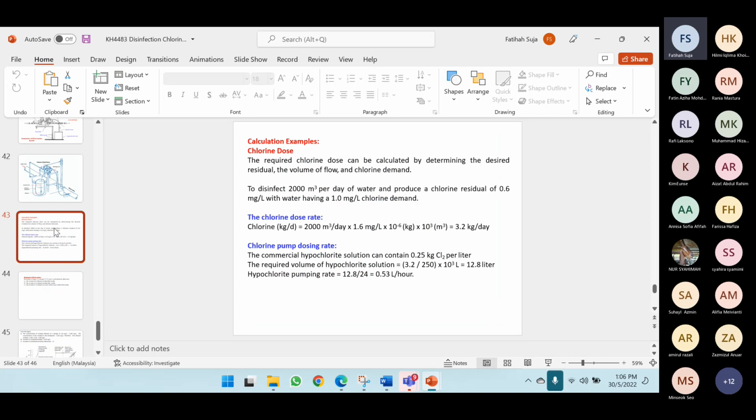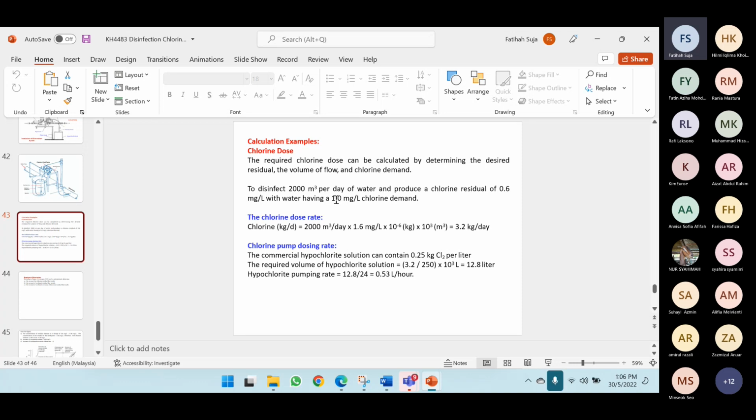Calculation examples, how you calculate the chlorine dose. The required chlorine dose can be calculated by defining the desired residual, the volume of flow, and the chlorine demand. Okay, so example, if you want to disinfect 2,000 cubic meter per day of water, and you want to produce a chlorine residual of 0.6 milligram per liter with water having 1 milligram per liter chlorine demand. Okay, so this one is based on your test.